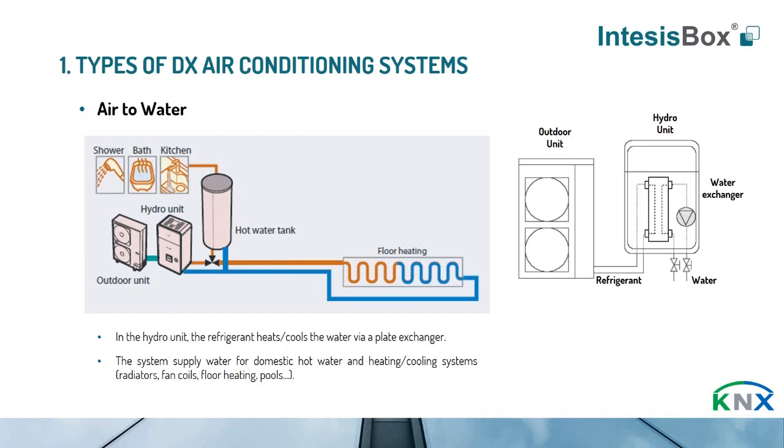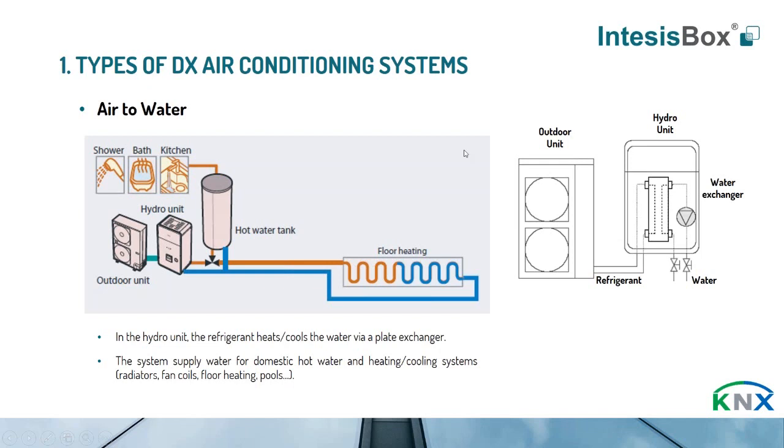One is the outdoor unit, which is sending the refrigerant, as you can see here, to the hydro unit. And in the hydro unit, we have a plate exchanger, which is giving the heat or cool to the water. Via this pump, the water is recirculating in the hydro unit, and the refrigerant is heating or cooling this water and sending this water to the systems.